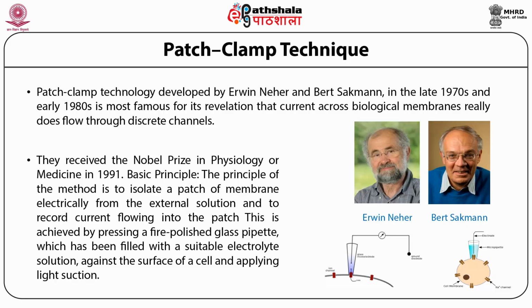Below is given the picture of Erwin Neher and Bert Sakmann, and on the right you can see the patch pipette attached to the cell membrane and one ion channel in the patch pipette. Because using these microelectrodes we can record even current from a single channel, and the size of this micropipette varies from 1 micron to 10 micron.